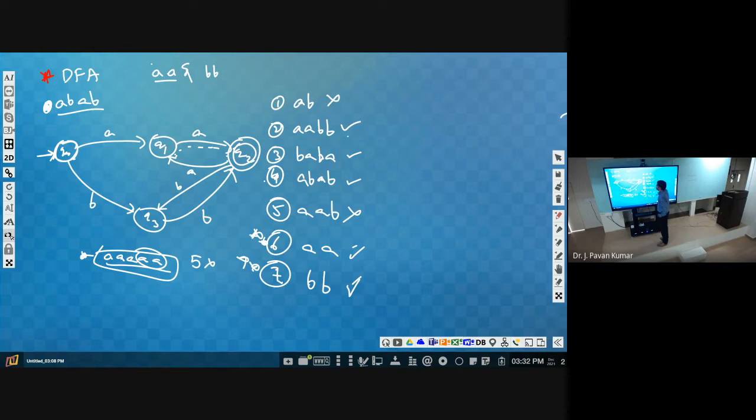Yeah. Now, how can we do it? Here you can understand that whenever we have two A's, it is like we are having one string like this. It should be accepted or not? It should be accepted. Why? Because even number of A's, even number of B's.